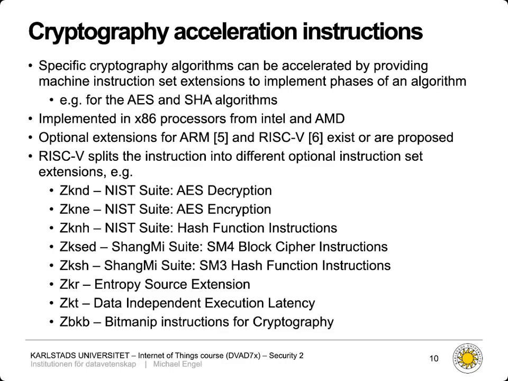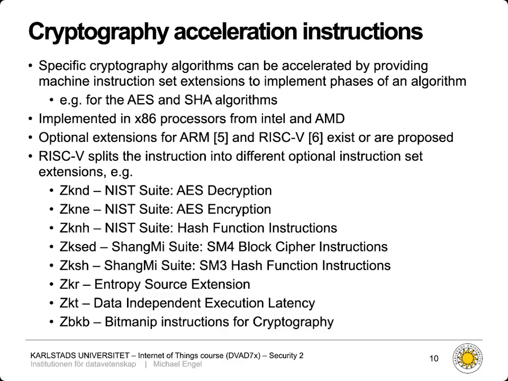As an example, RISC-V splits the instruction set into different optional instruction set extensions. And you see here's a list. All these instruction set extensions have an identifier starting with Z. So ZKND might be the instruction set extension for accelerating AES decryption, whereas ZKNE is for AES encryption.